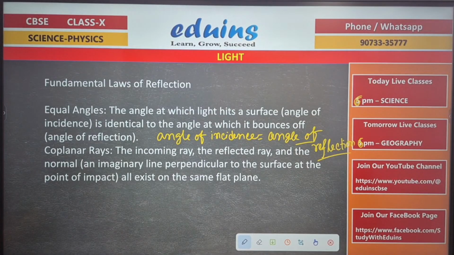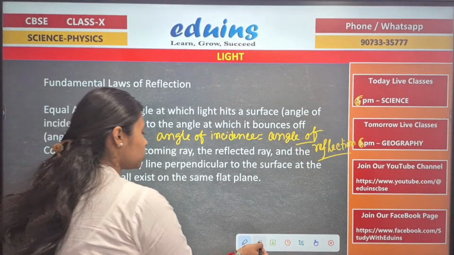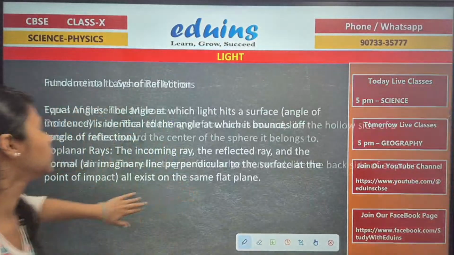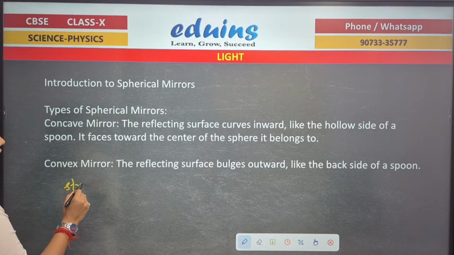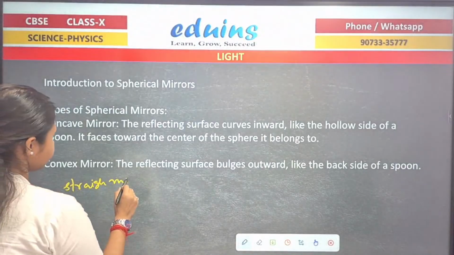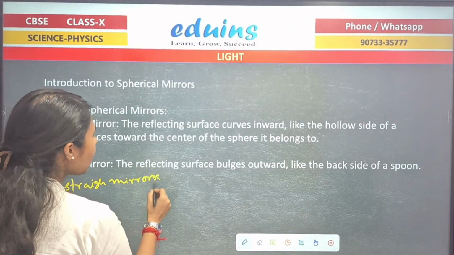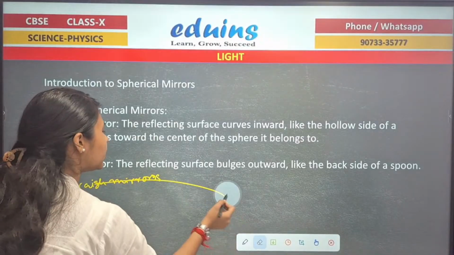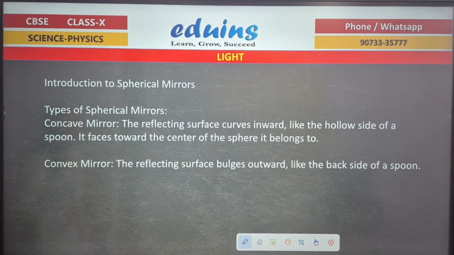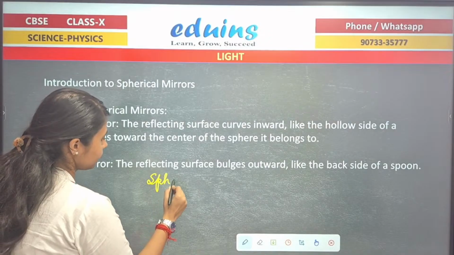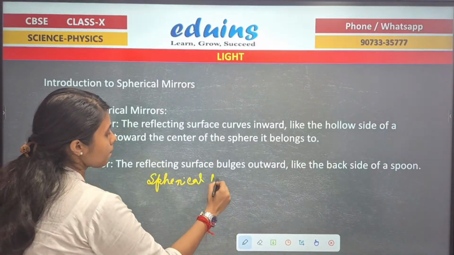So now, after the laws, we have to know the introduction of spherical mirrors. We all read about straight mirrors, but now we have to read about spherical mirrors.